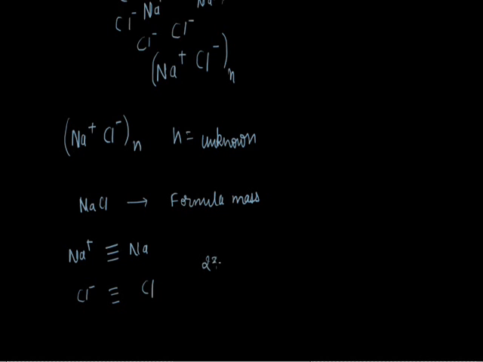The mass of sodium is 23 and the mass of chlorine is 35.5, so it will be equal to 58.5 amu. It is the formula mass of the ionic compound NaCl.